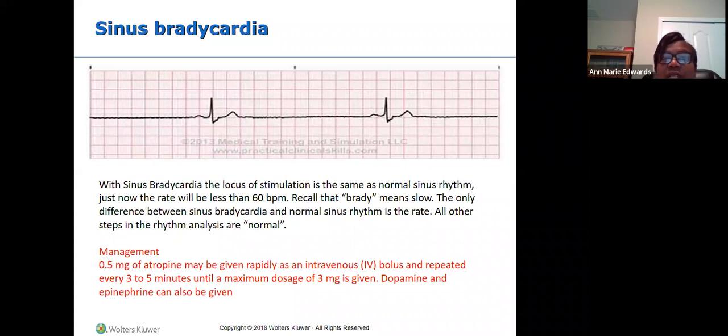Influences on the heart rate. You have your sympathetic and your parasympathetic influence. Okay, your sympathetic is going to produce what we call your catecholamines. Catecholamines are like your adrenaline, your epinephrine, and your norepinephrine.